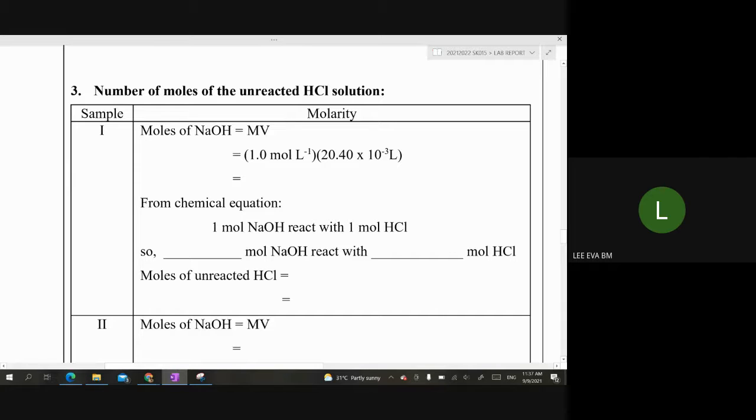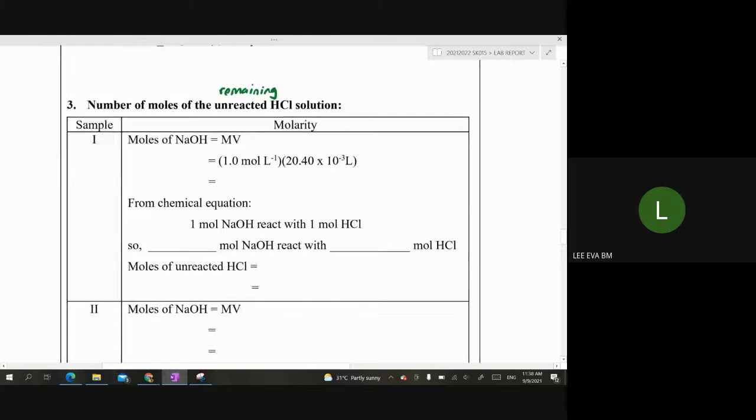Okay, so in this part, we want to calculate what is the number of moles of HCl which is unreacted. Unreacted dekat sini sama dengan remaining. Berapa yang tinggal dekat sini selepas dia react dengan metal M. Okay, so we apply the formula n equals MV. So we are using the concentration of NaOH 1.0 molar.